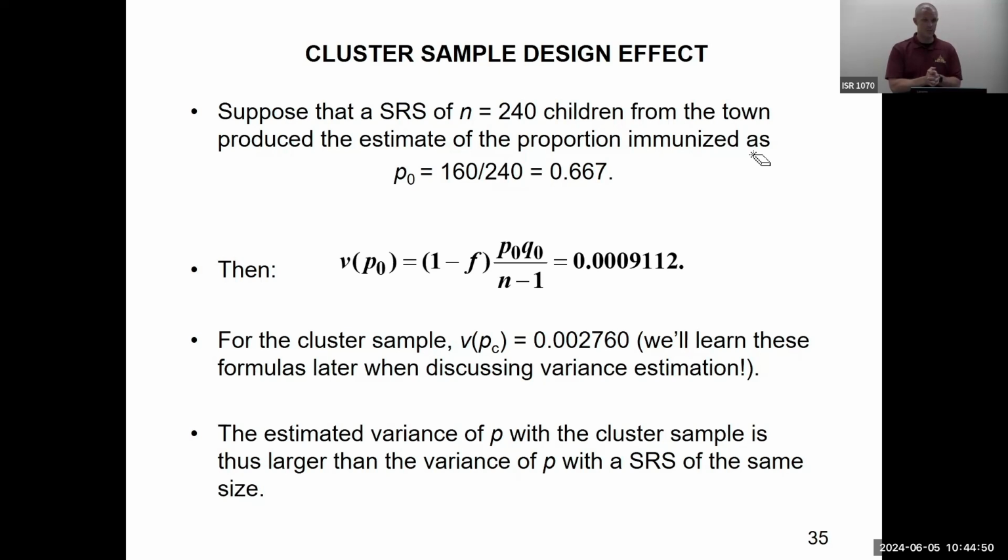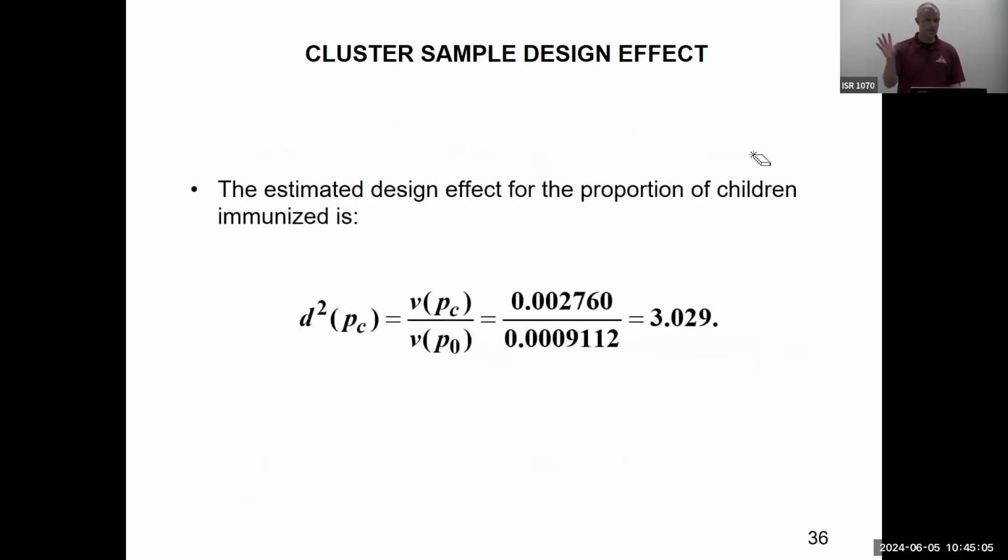That's the unbiased estimate of the variance of the proportion under the cluster sample. So the estimated variance of the same proportion under the same sample size is 3 times larger in the case of the cluster sample. Here's the design effect calculation. We simply take the variance estimated under the complex sample, divide by the variance under a simple random sample of the same size: 3.029.